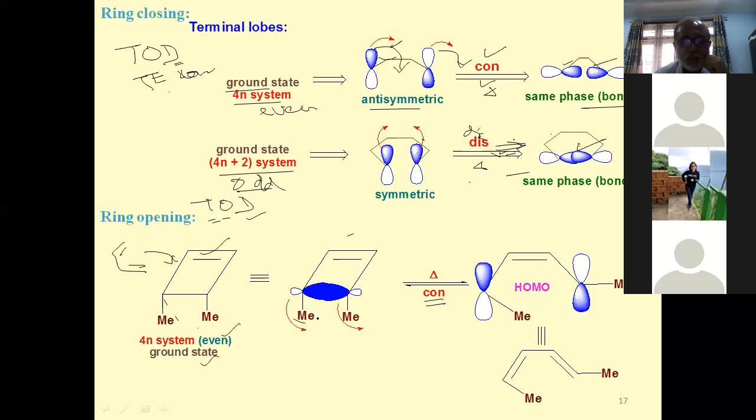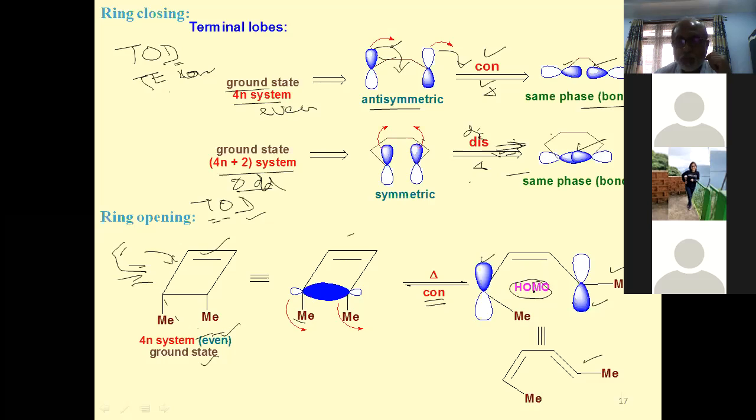So if it is con, this way it will rotate. So the one will go up here, and this will come down. So this blue sign will come here, and that has become homo. Homo is antisymmetric for this system, for pi, under thermal condition. So we are getting back homo, and that is equivalent to this one.